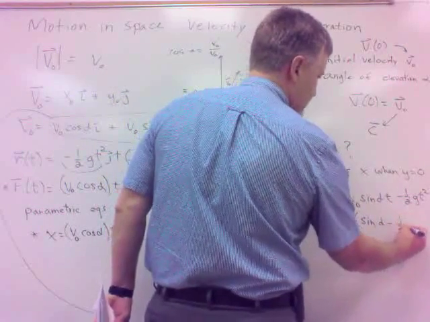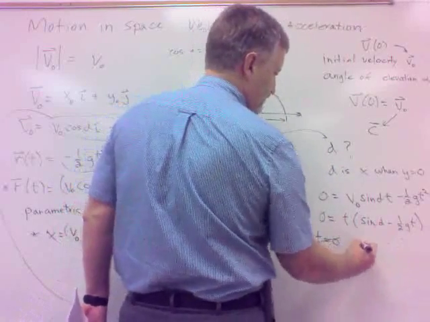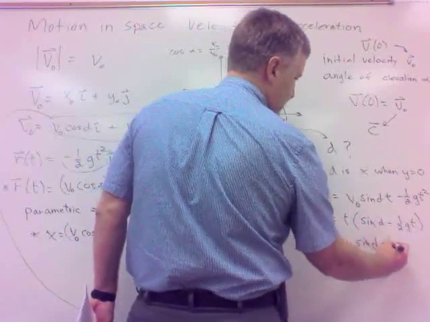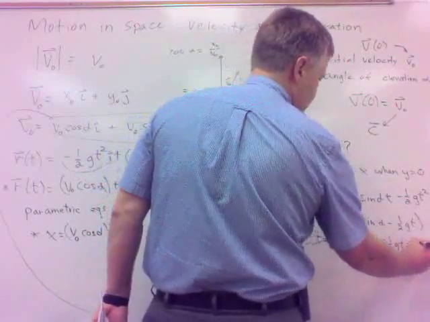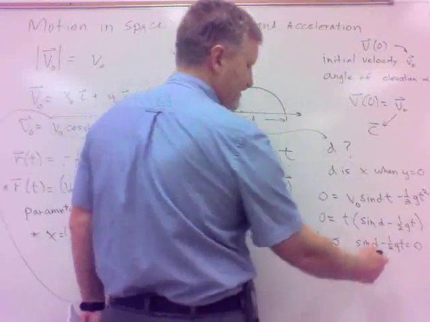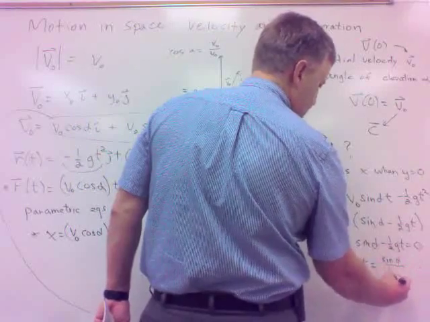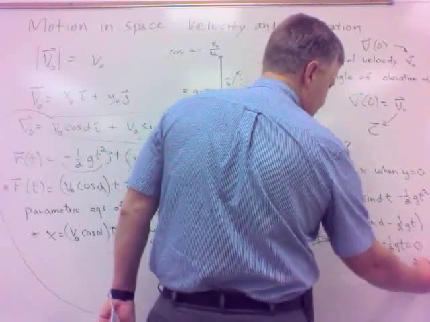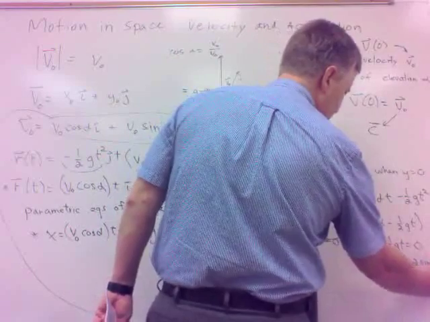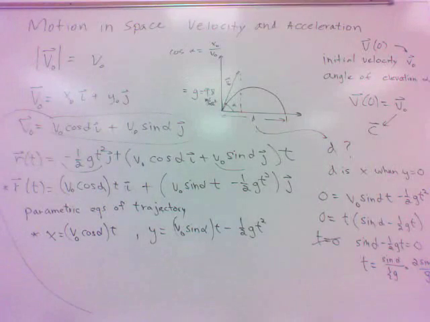We want when v0 sine of alpha minus 1/2 gt equals 0. So if you solve that for t, you get 2 v0 sine of alpha over g, right? It's going to be that time right there, but you don't have to necessarily remember that.